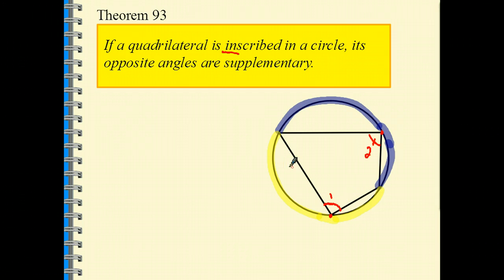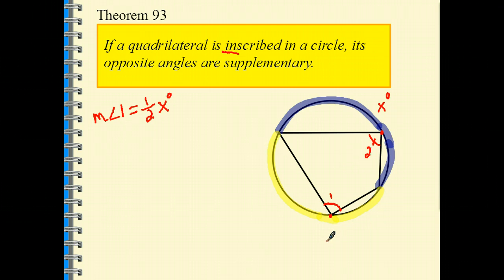Well, for angle 1 here, the measure of angle 1 is just going to be half of the measure of the blue arc. Well, let's call the blue arc x. So if the blue arc is some x degrees, the measure of angle 1 is equal to 1/2 of whatever that x is.